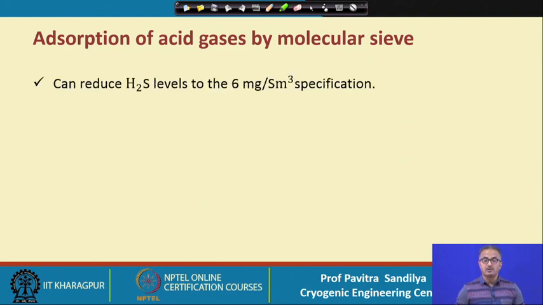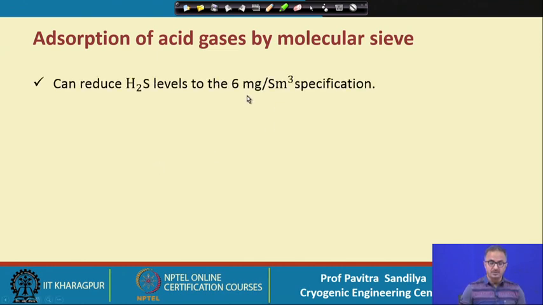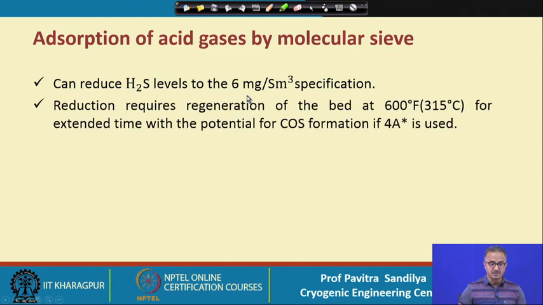Now when we talk of molecular sieve for removal of the acid gases, these molecular sieves can reduce it to a very small amount, about 6 milligram per standard cubic meter, and they need regeneration of the bed at a quite high temperature for extended time with the potential of COS formation, carbonyl sulfide, if this kind of zeolite, 4A, is used.